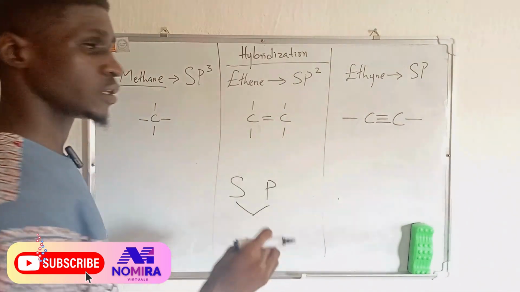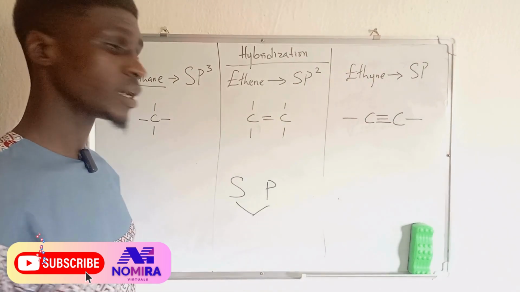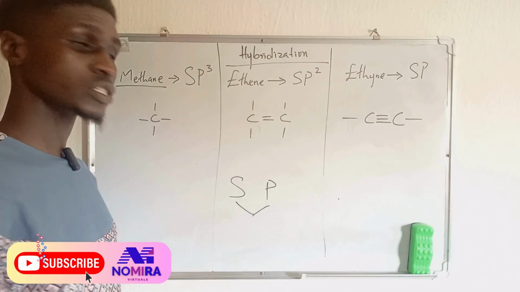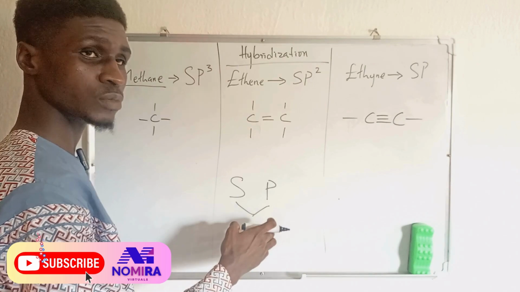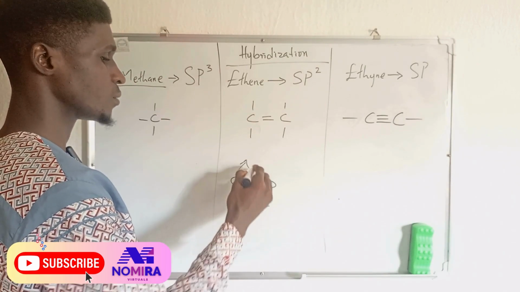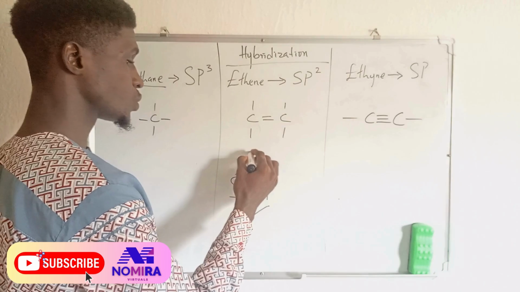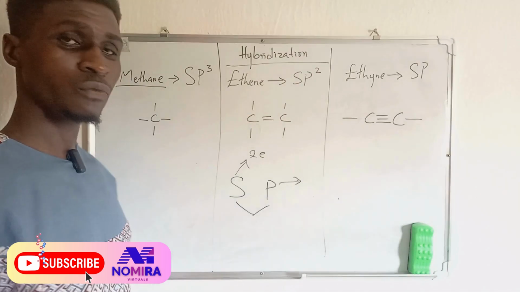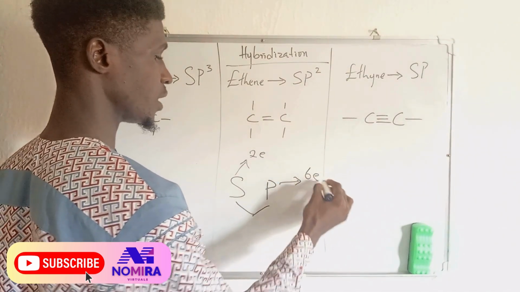Under the quantum numbers, you can easily tell the number of electrons that can fill each of these orbitals. This one is filled by a maximum number of what? 2 electrons. This one is filled by a maximum number of what? 6 electrons.